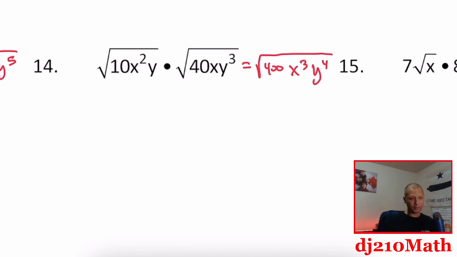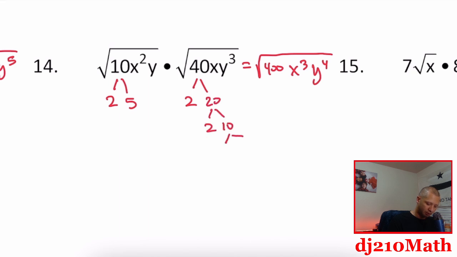I'm saying that you don't necessarily have to rewrite it because you know that you're multiplying and you know that they're all going to go under the same square root. So if you break it down now, 2 times 5, 2 times 20, 2 times 10, 2 times 5, right? They're all underneath the square root. I know they're underneath the square root. So now I'm looking for pairs.